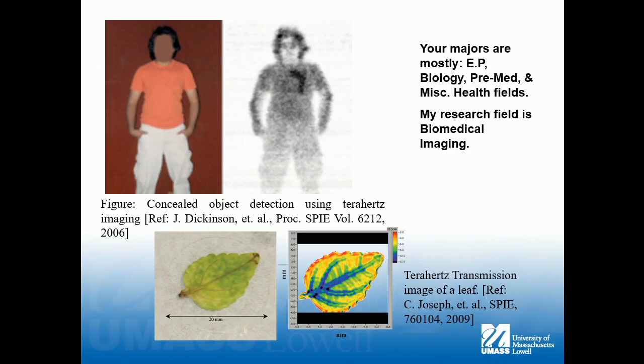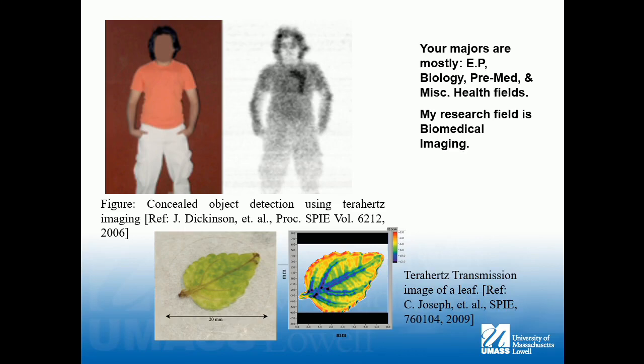Light of various frequencies: different materials are transparent to it, and different materials reflect. So normal human skin reflects a certain frequency of light, while clothing is transparent. Right? So using terahertz imaging, you're able to see an object that's concealed behind my t-shirt. It's not an action card, it's just a metal object shaped like that.